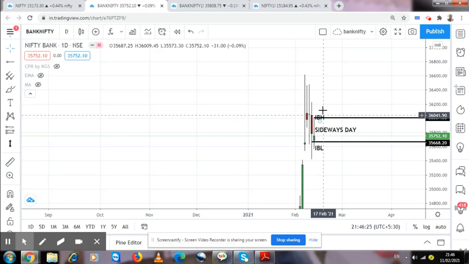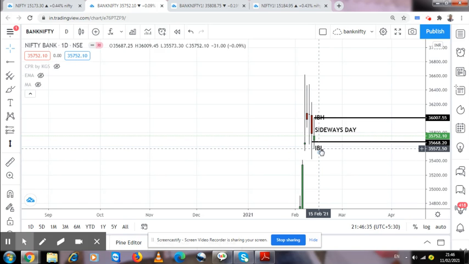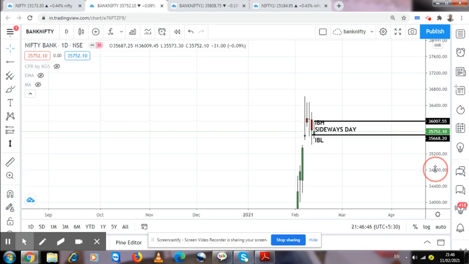If it breaks, then probably we are going to see 400-500 points on the upside. Otherwise, we need to see this initial balance low 35,572. If it breaks, then we're going to see 35,400, and then more on the lower side.